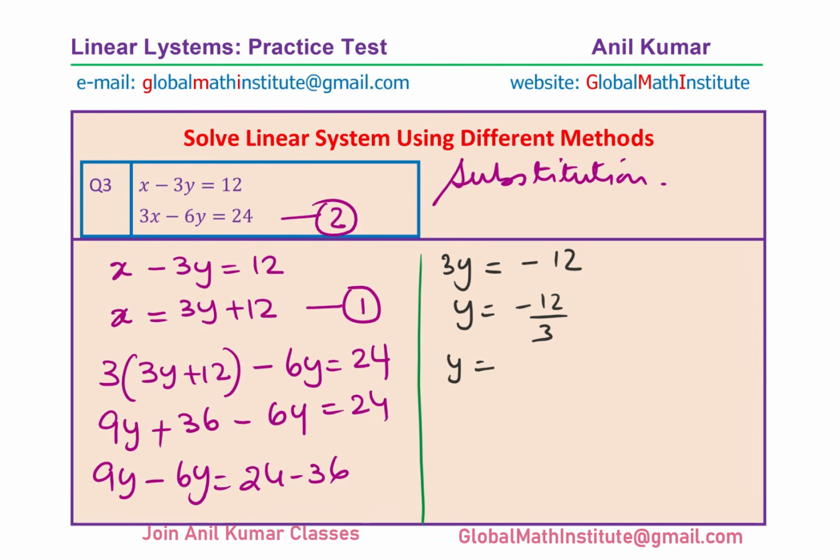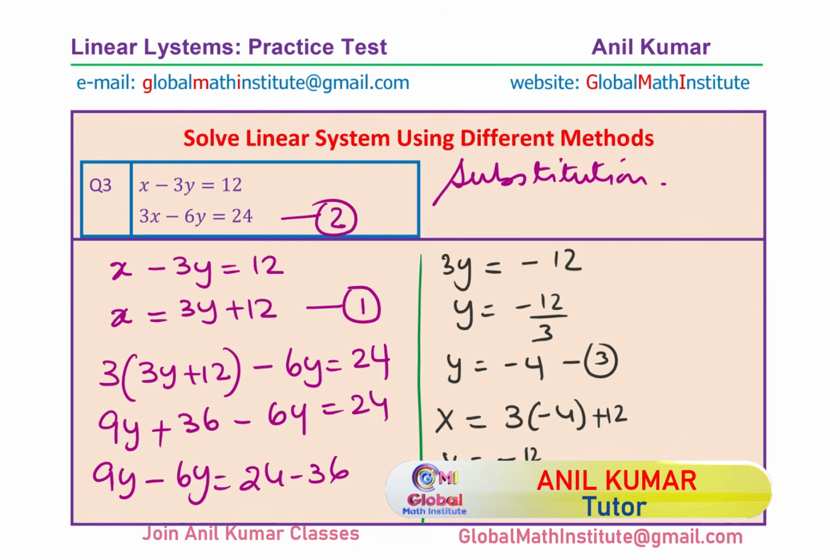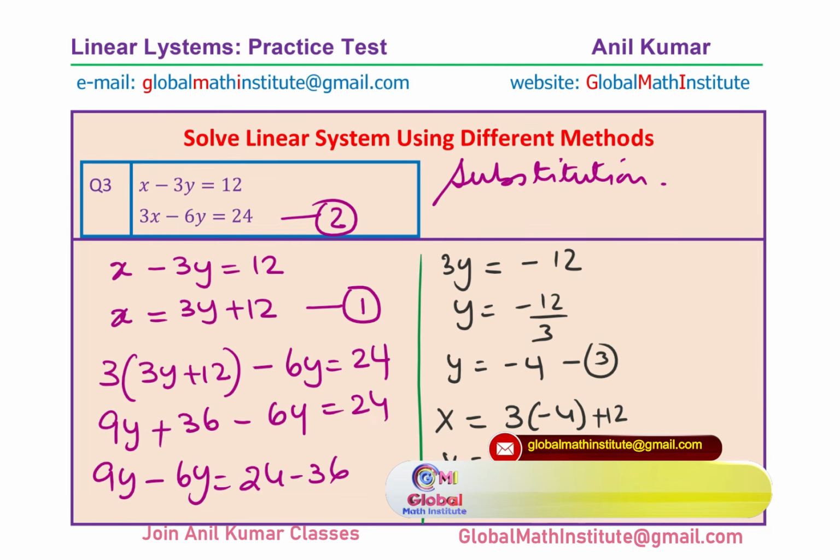So we get y as minus 4. Since y is minus 4, let's call this 3. We'll substitute this back to x equals 3y plus 12. So 3 times minus 4 plus 12. So x is minus 12 plus 12, which is 0. So we have our solution, and the solution is 0, minus 4.